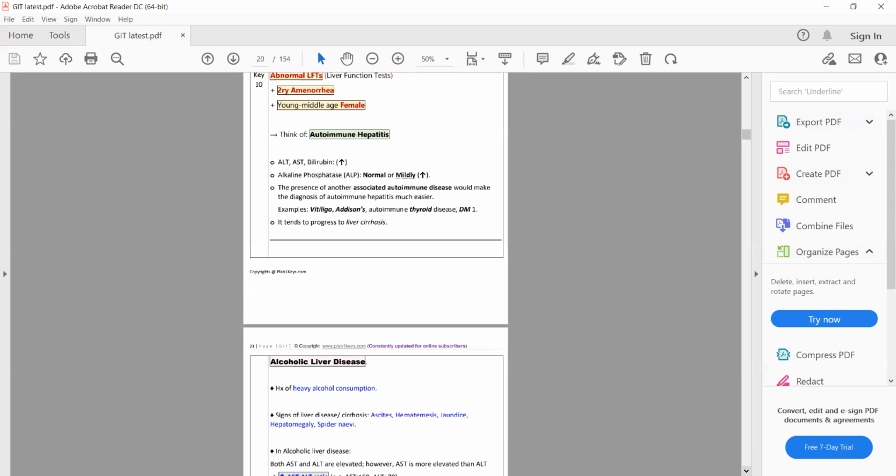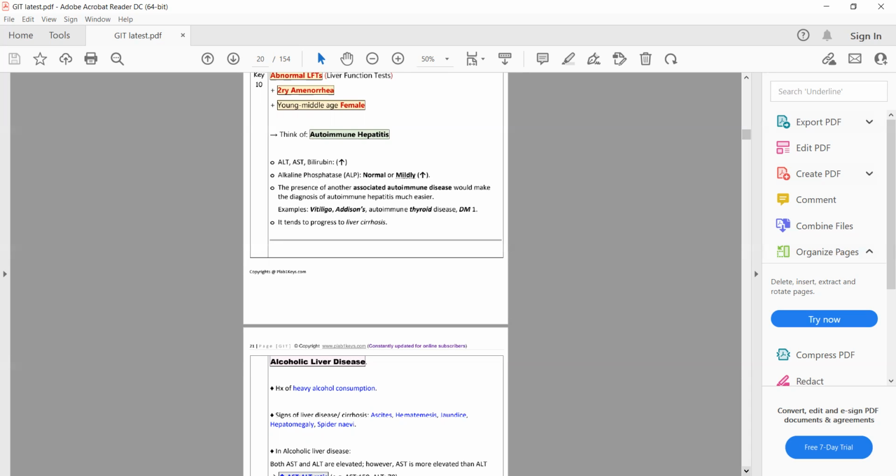Whenever liver cirrhosis develops, it means scarring in the liver parenchyma develops, which leads to shrinkage of the liver. And whenever a liver is shrunken, it will lead to increased pressure in the portal circulation, which will result in portal hypertension.